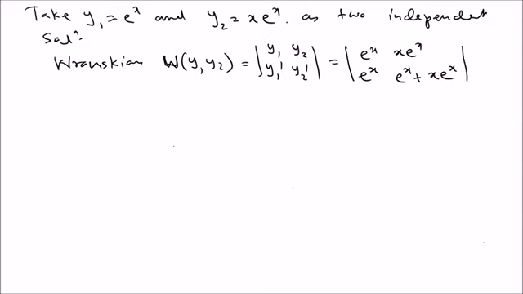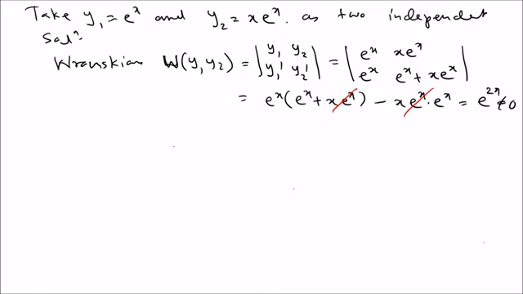If you multiply through, you get e^x times (e^x plus x e^x) minus x e^x times e^x. You can see this and that get cancelled out, so you get e^(2x), which is not equal to 0. Perfect. Okay, so that's the Wronskian.